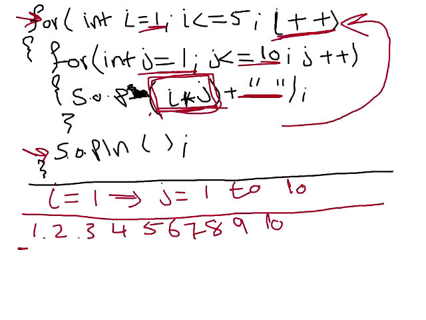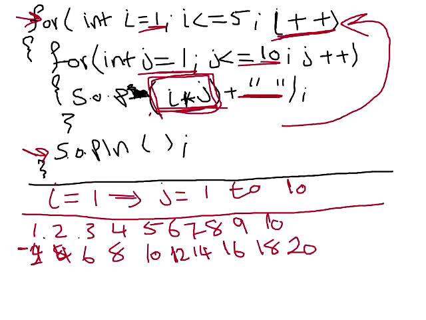So now we multiply 2 by all the values of j: 2, 4, 6, 8, 10, 12, 14, 16, 18, 20. Okay, well done. Excellent.